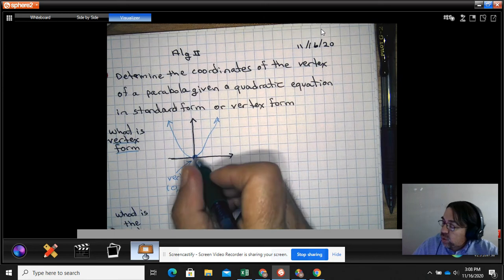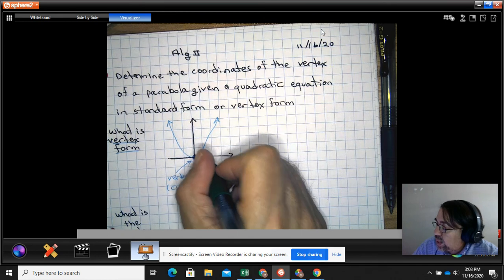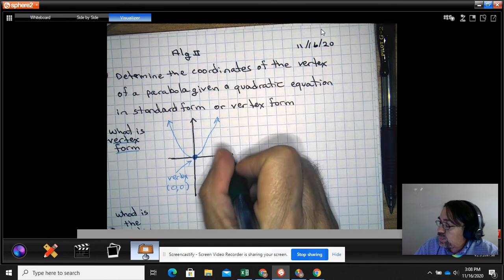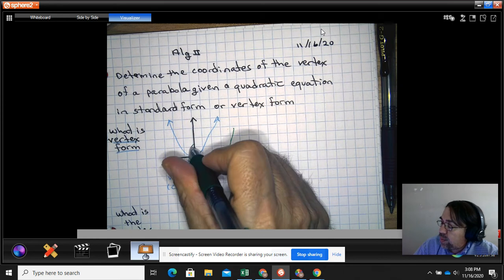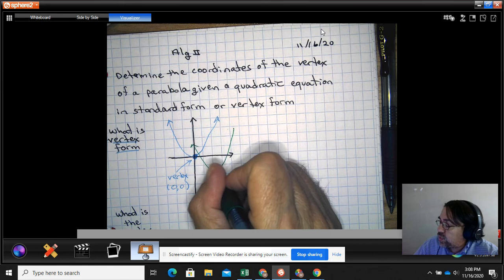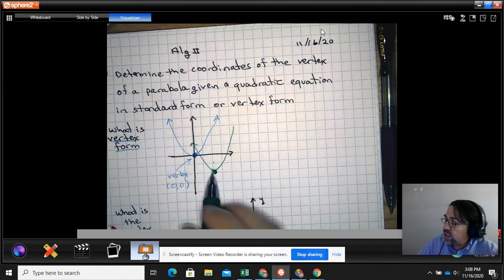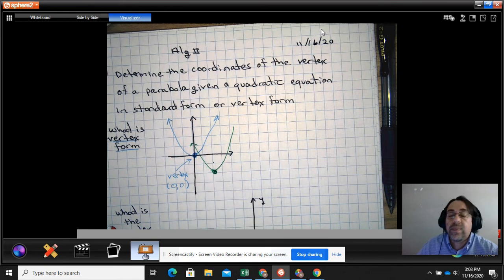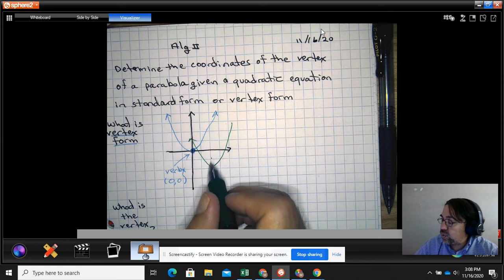When we transformed, for example, moved to the right and down, and when we transformed the parabola, we got a new vertex. Remember, that was last 6 weeks? So in this case, the vertex of this green parabola compared to the blue parabola is now 2, -2.